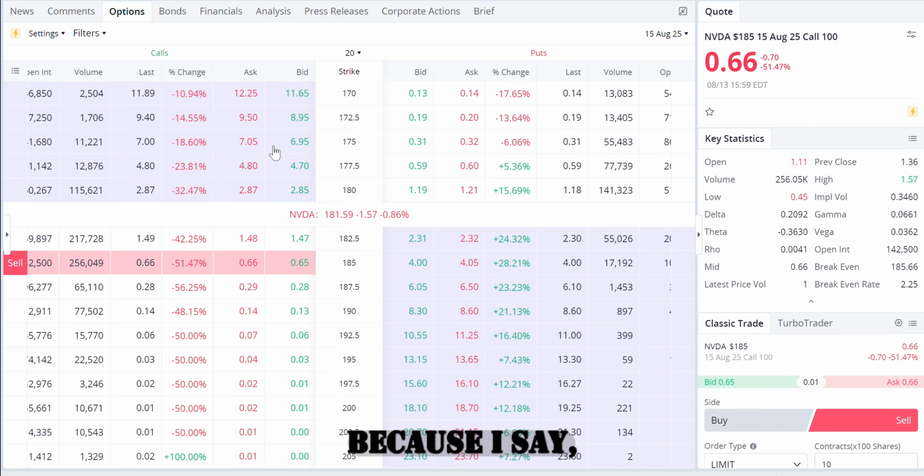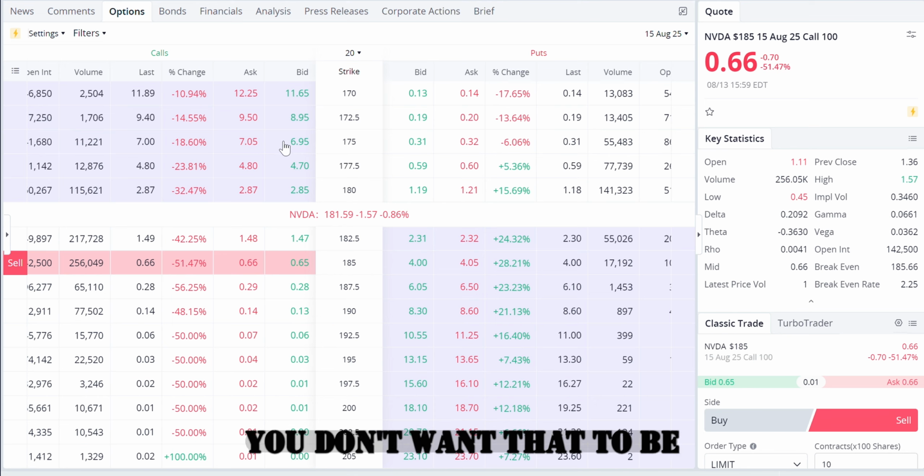Which is okay, because you see that? This is a 10-cent difference, visually 10 cent, okay? Because $7.05, $6.95. So the visual difference is 10 cent, right? But times 100, so a $10 difference, okay?